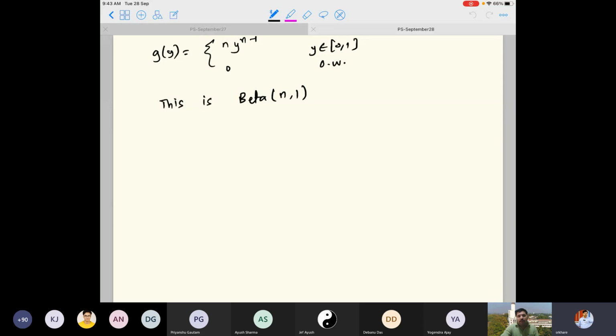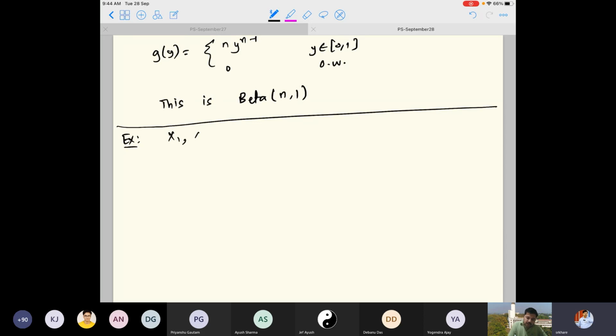So similarly, you can do the calculation for the minimum also. This minimum is something that we had seen, right? So that minimum will also give a beta. Okay, so let us write this example down. So what is the example?